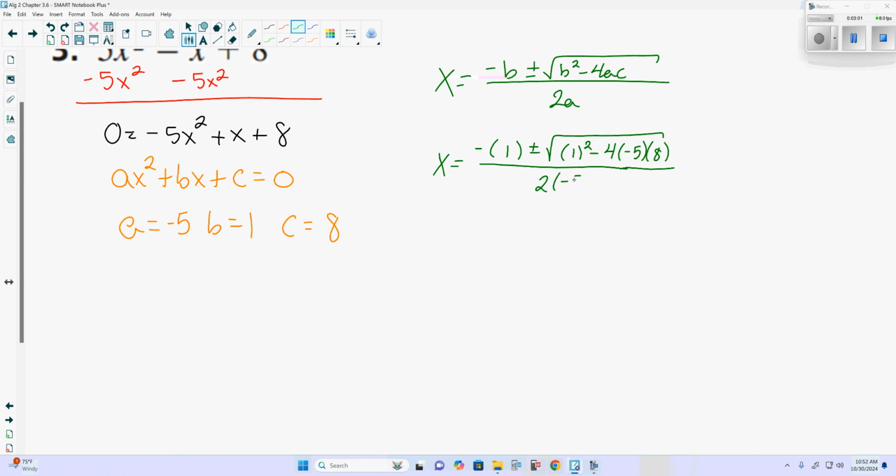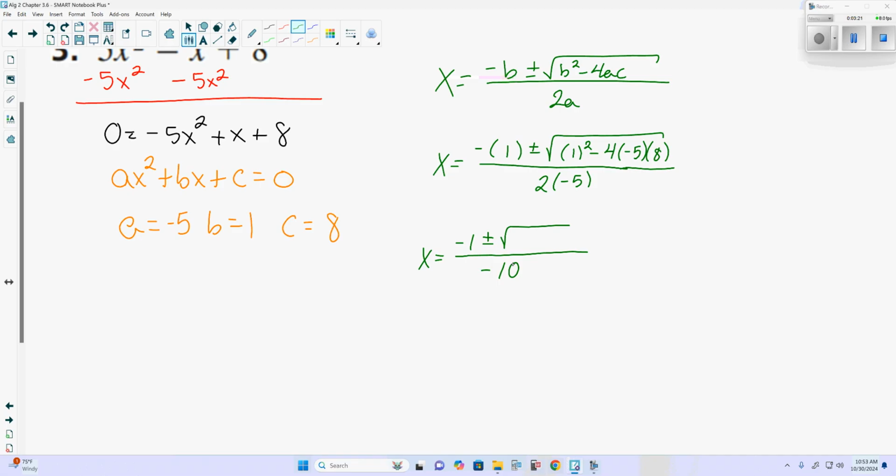All over 2a, 2 times negative 5. Now at this point here, we can go on and simplify. So we have negative 1, and 2 times negative 5 is negative 10.